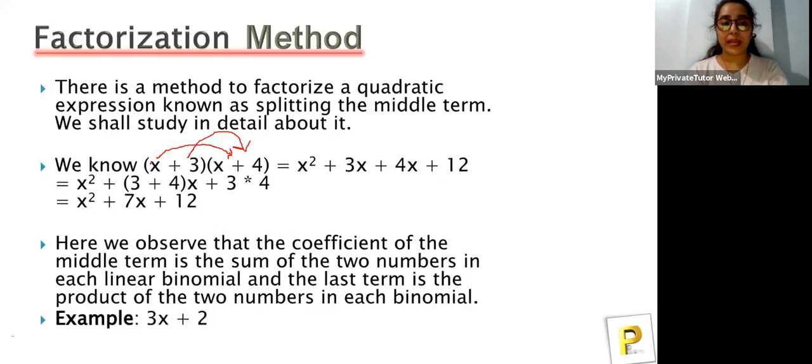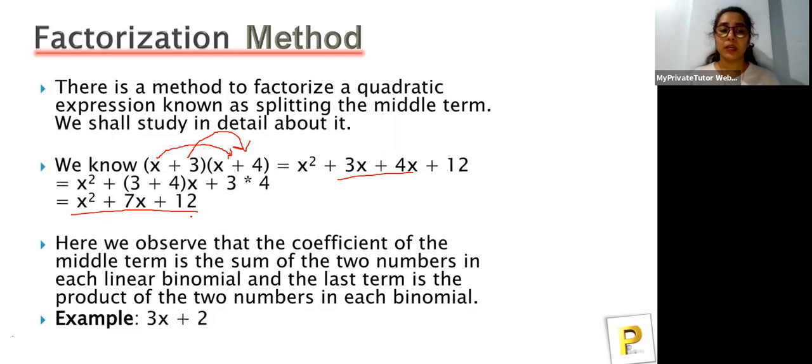So x into x is x square, x into 4 is 4x, 3 into x is 3x, and 3 into 4 is 12. Now x square stays as it is, and if you add 3x and 4x, it becomes 7x. This is actually like a quadratic equation, right? x square plus 7x plus 12, so ax square plus bx plus c.